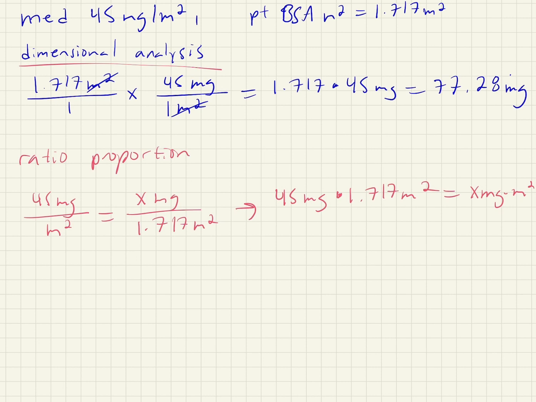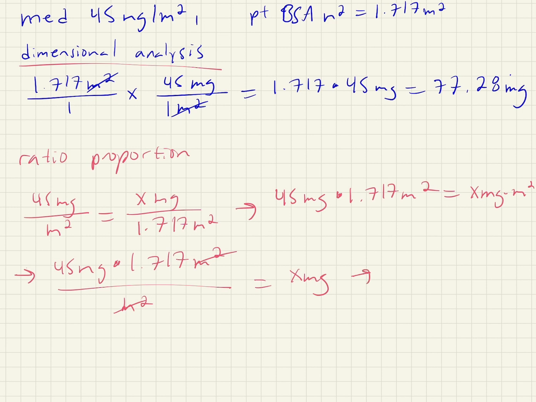Let's move everything to one side first. So we have 45 milligrams times 1.717 meters squared. If we divide by that meter squared, we get x in milligrams alone, and our meters squared cancel out because there's one on top, one on bottom.